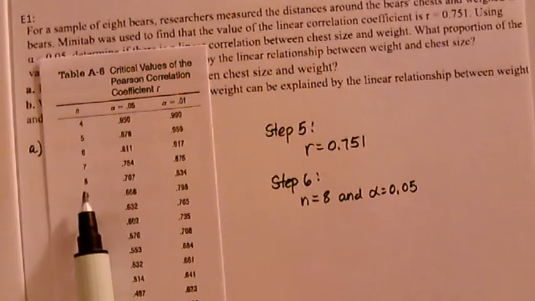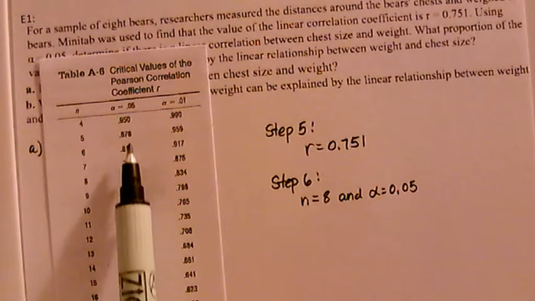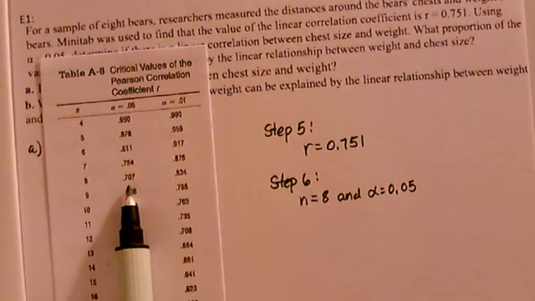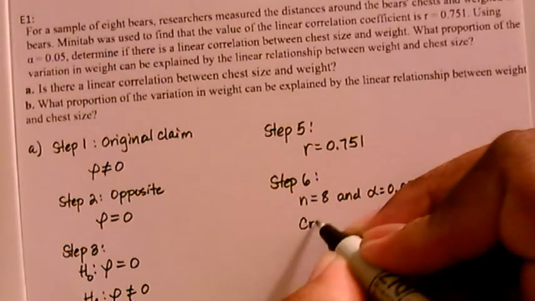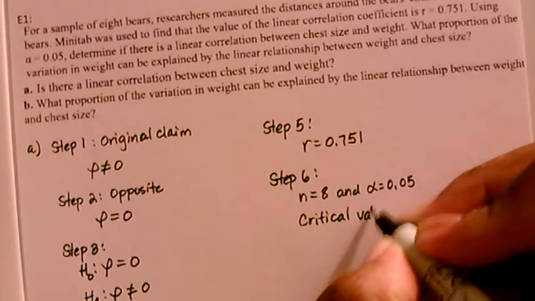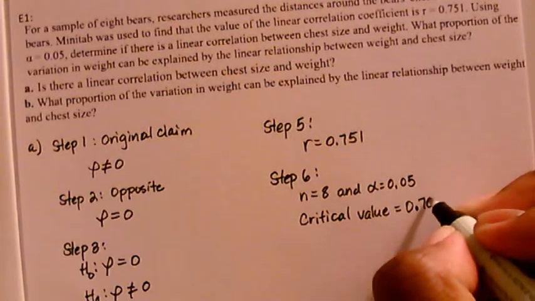So here, n is 8, and the alpha level is 0.05. So I look in this column where alpha is 0.05 and n is 8. That's going to be my critical value here, 0.707. So in this case, the critical value is equal to 0.707.